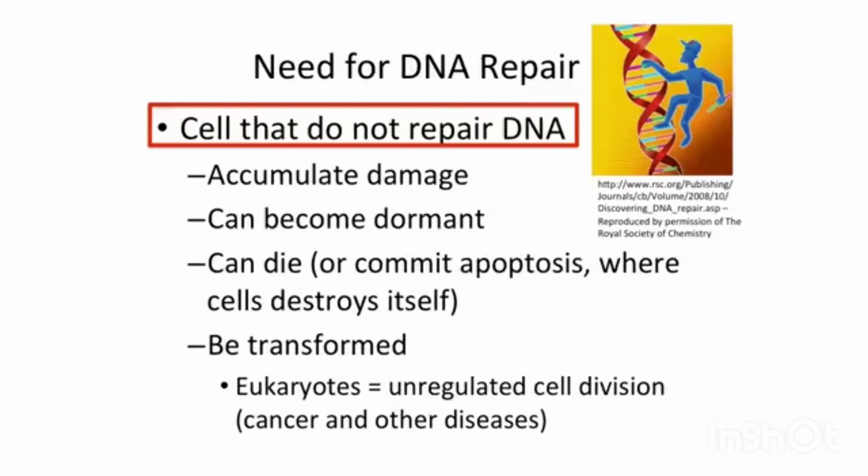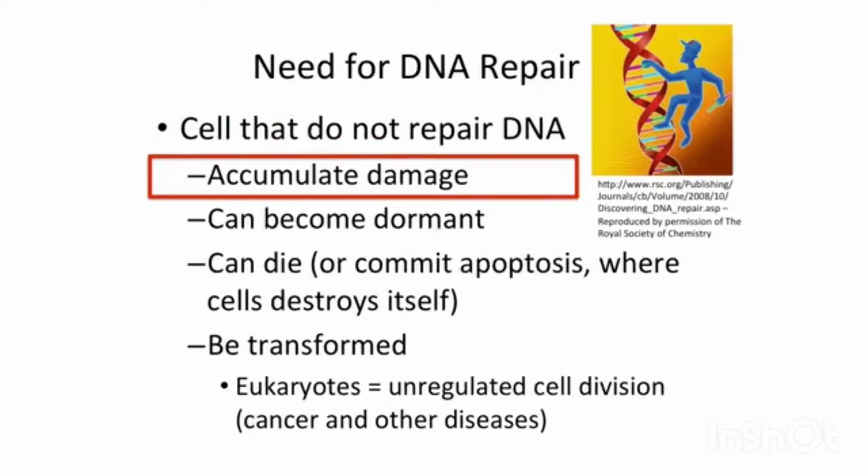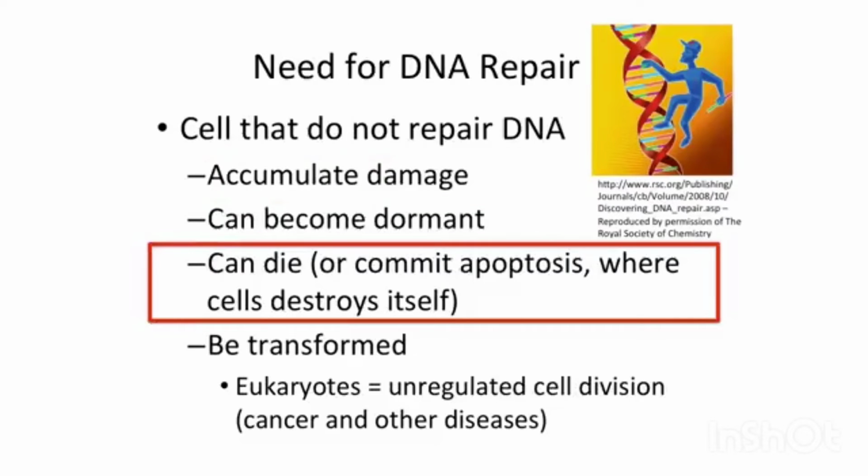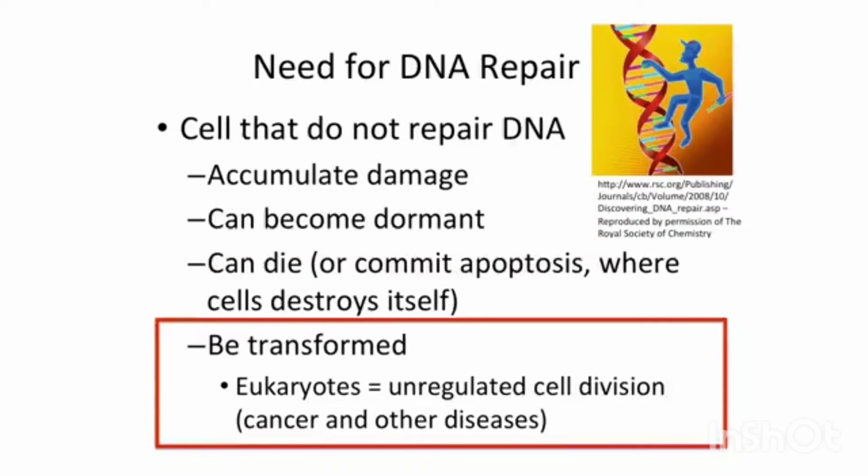And those proteins are critical because cells that do not or cannot repair DNA accumulate damage. One event happens, another event happens, and another. And cumulative damage can have combinatorial impacts on cellular function and survival, so that cells can become dormant, they can die or commit apoptosis, where the cell destroys itself, or perhaps in the worst case, particularly for eukaryotes, which have multiple cells, a single cell can be transformed.